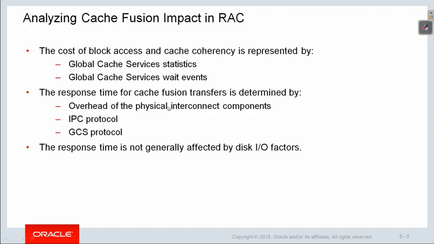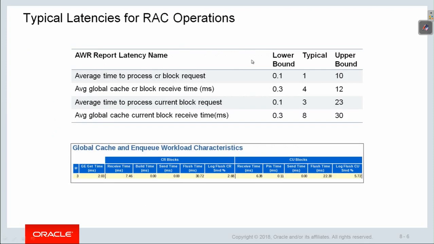So your block access time is not like block access time in a single instance database. Even though it is very minimal, there is something we have to take a look at. Response time is generally not affected by disk I/O factors. And these are typical latencies for RAC operations. So let's take a look at this area.